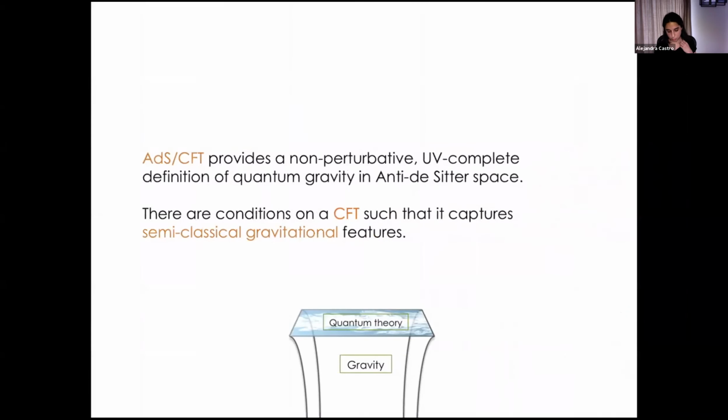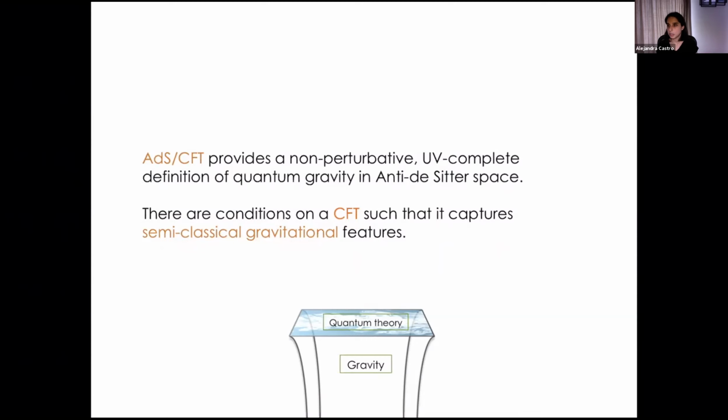So, okay, let's get started. What is the whole point here? Preaching to the choir: AdS/CFT is this great tool that we have that provides a non-perturbative UV complete definition of what quantum gravity is. And as we understand AdS/CFT, there are conditions on the CFT such that it captures semi-classical gravitational features.